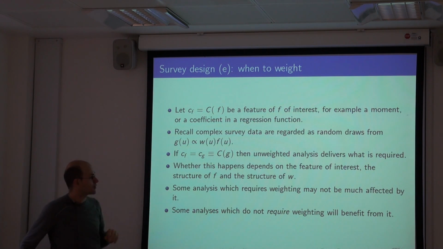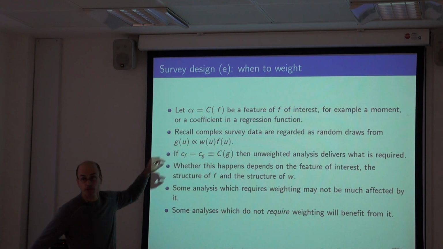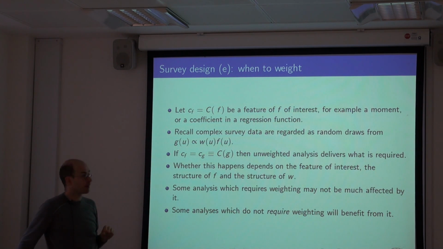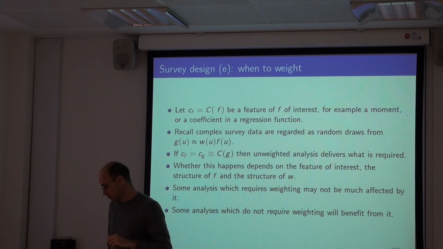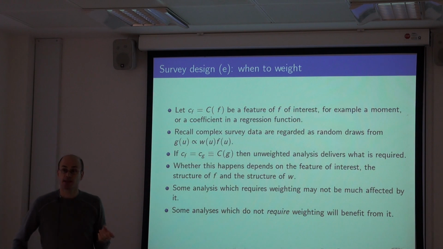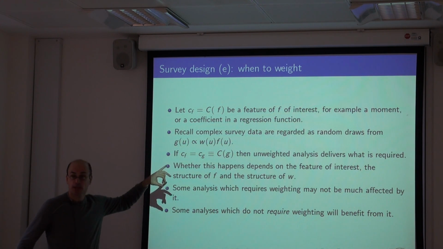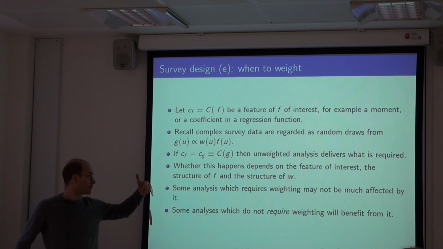Whether this happens depends on what particular function C you're looking at, and it depends on the W's really. Now, strictly speaking, if you want to estimate some conditional mean function, it's possible that theoretically you should weight by W in order to get consistent estimates, but it very well may happen that it doesn't matter.